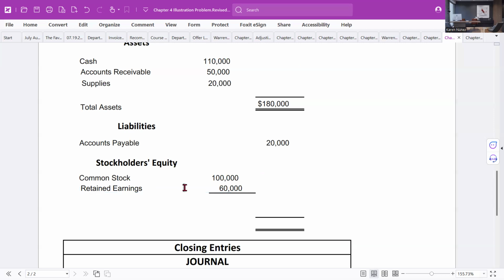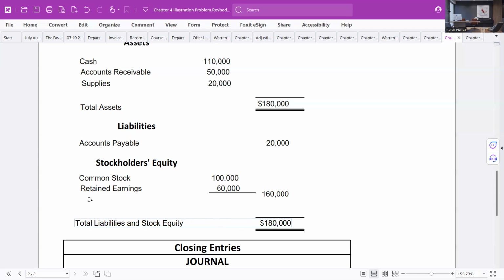And now when you put these two together, the total stockholders' equity, the sum of the two, is 160,000. And if we put in a total here, total liabilities and stockholders' equity is 180,000, right? The 20 of accounts payable and the 160 of total stockholders' equity gives us 180,000.